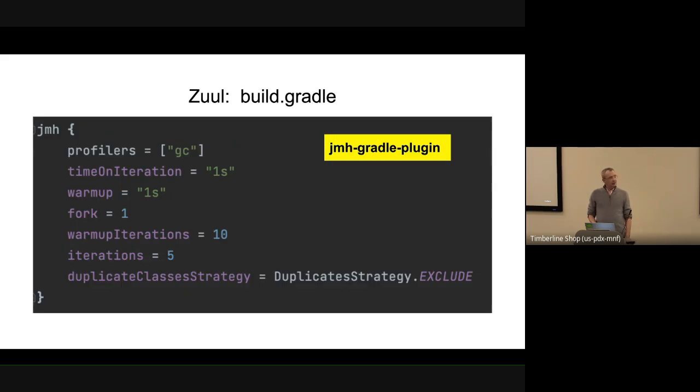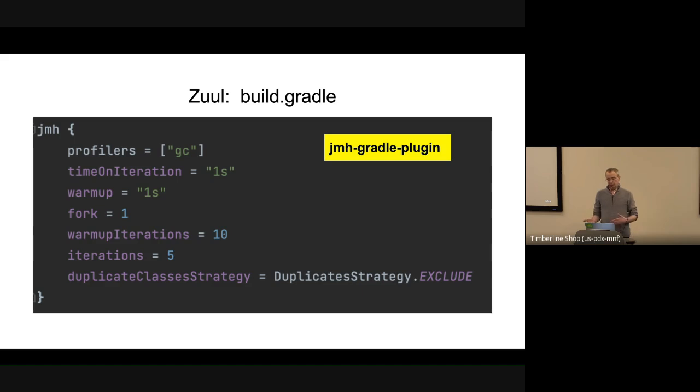And then in the Zuul project, there's a build file, and this project actually uses a Gradle plugin. I've been using this plugin on a variety of projects, and I like it because it pre-configures JMH for you. It makes it a little easier to set up a JMH project.